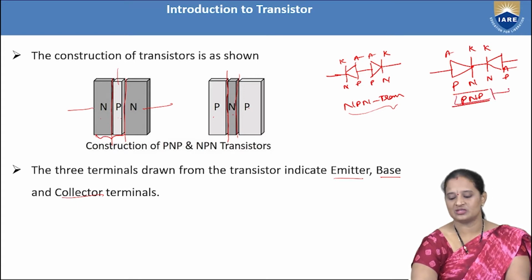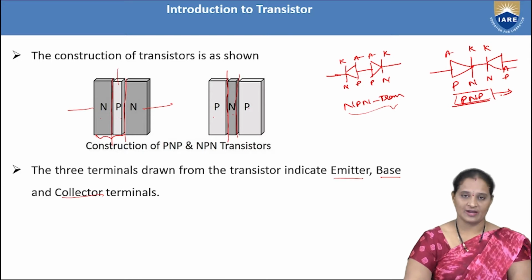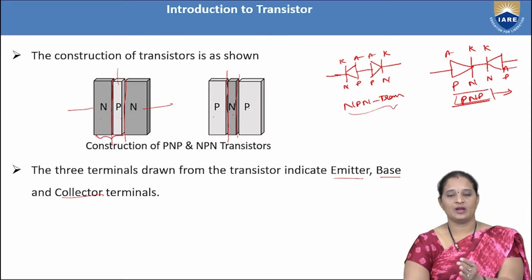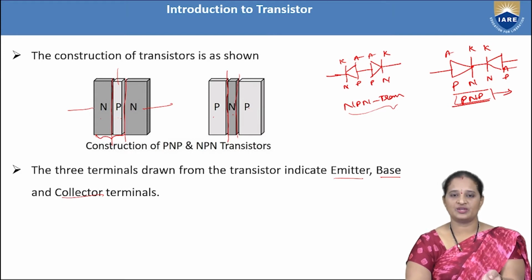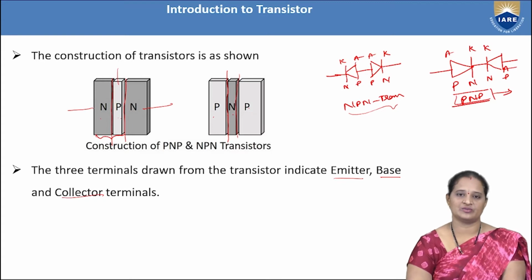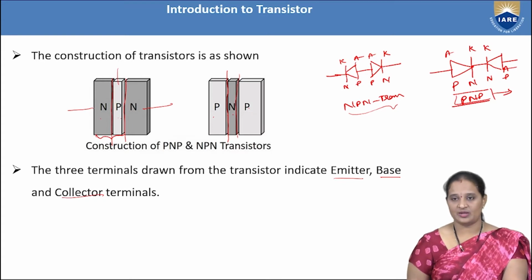A PNP transistor. That is why I said a transistor can be constructed by connecting 2 PN junction diodes back to back. Depending on the connection of 2 PN junction diodes back to back, we can have 2 types of transistor, that is NPN and PNP transistor.